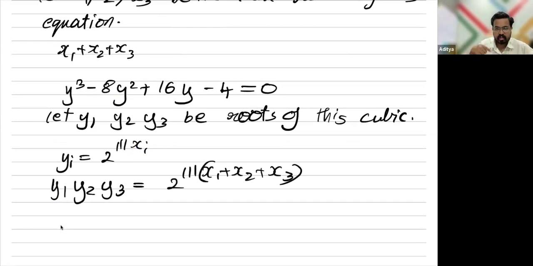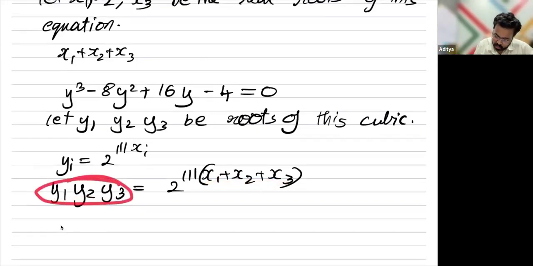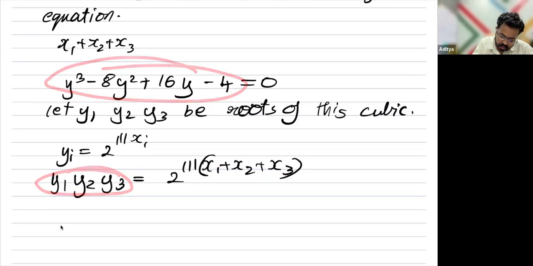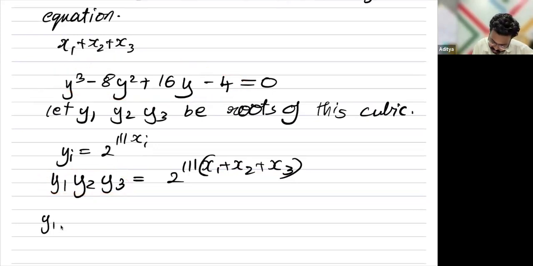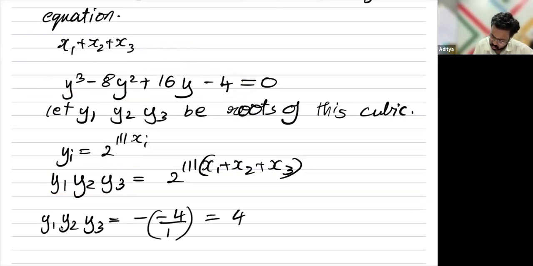This is the method to solve this particular question. Product of roots below is sum of roots in the exponent of the other equation. So what is product of roots for this equation? This y1 y2 y3 will be equal to minus of minus 4 upon 1, which is equal to 4.